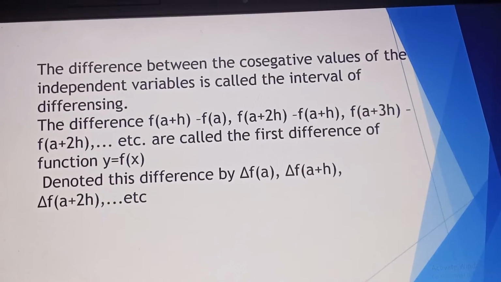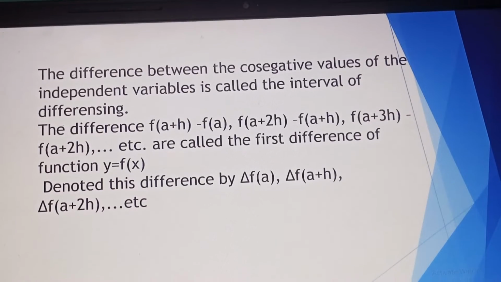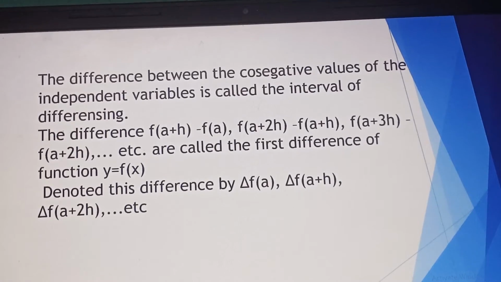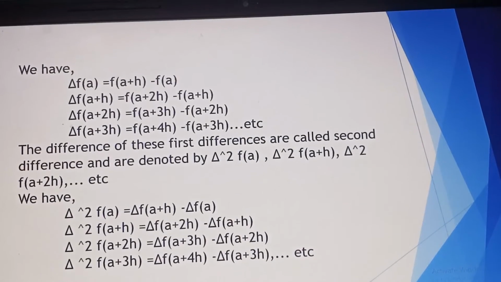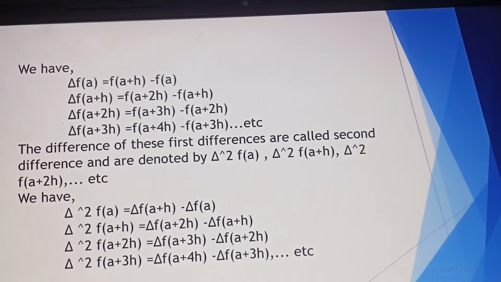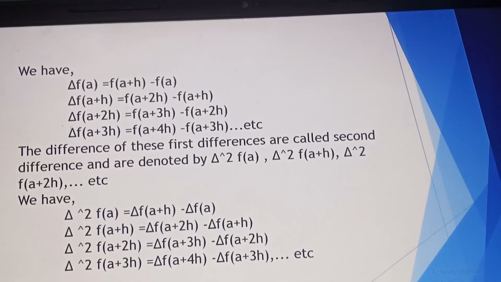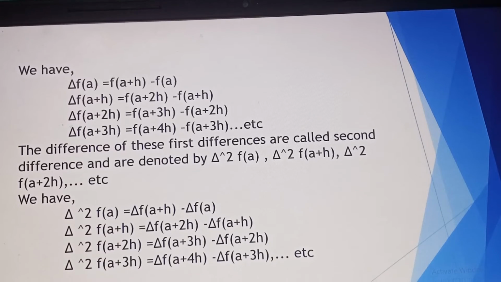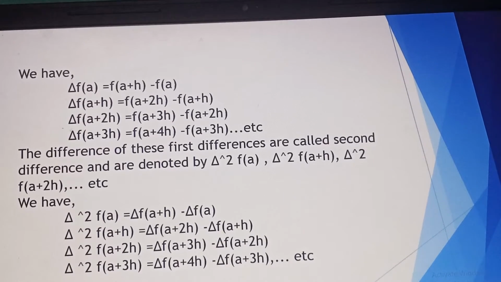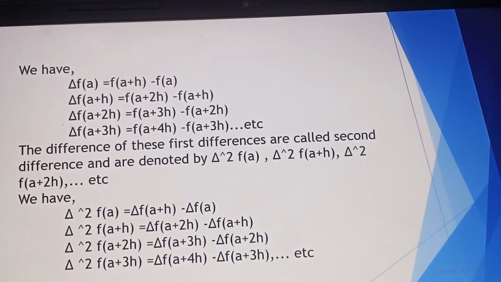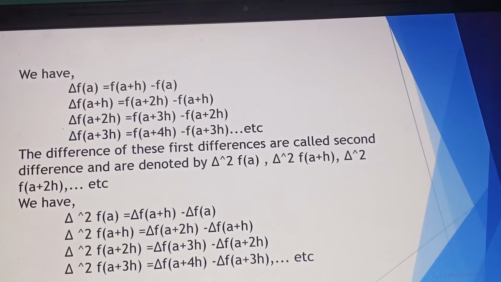They are denoted by delta f of a, delta f of a plus h, delta f of a plus 2h, etc. We have delta f of a equal to f of a plus h minus f of a. Delta f of a plus h equal to f of a plus 2h minus f of a plus h. Delta f of a plus 2h equal to f of a plus 3h minus f of a plus 2h. Delta f of a plus 3h equal to f of a plus 4h minus f of a plus 3h, etc.